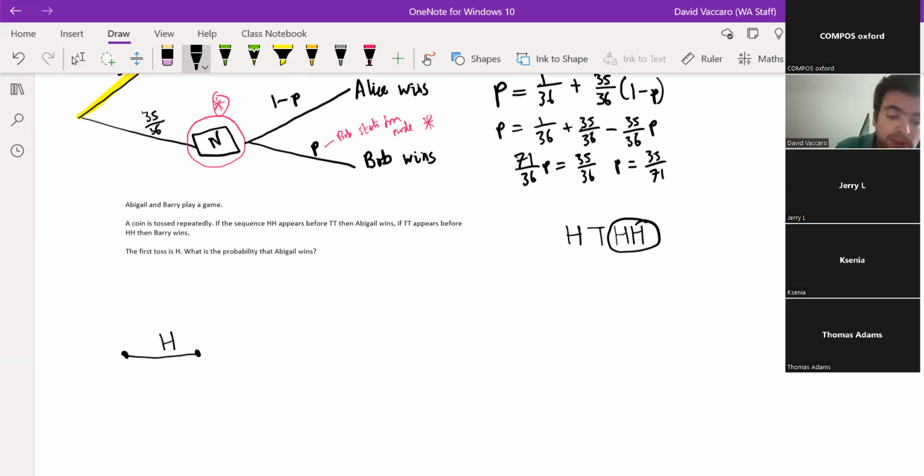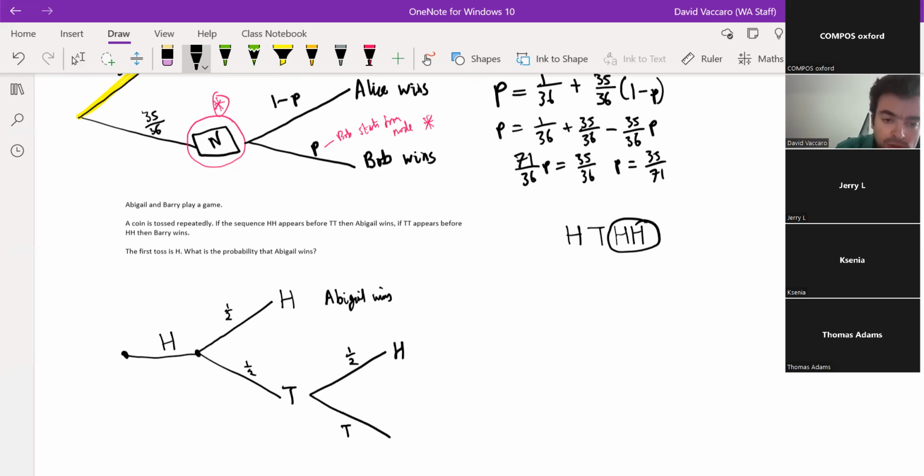And it tells me that the game has started with a heads. So what can happen? On the first toss, it could be a head, in which case Abigail wins. Or it could be a tail, in which case we keep tossing. If it's a head, the game continues. If it's a tail, Barry wins.